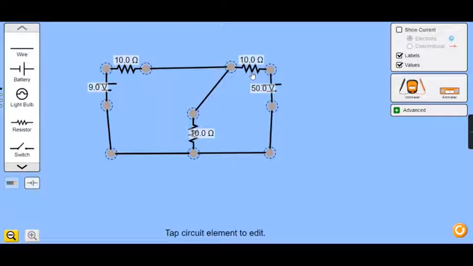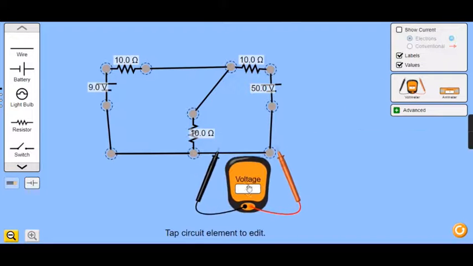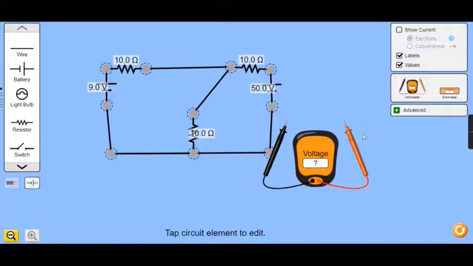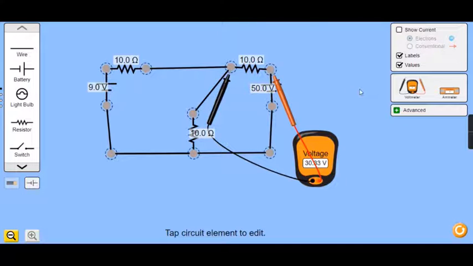To measure the voltage, we will have a voltmeter which is going to be connected in parallel. In KCL we connected the ammeter in series. Now we are going to connect the voltmeter. This is your voltmeter positive, connected to this point, and the negative is connected across this point.